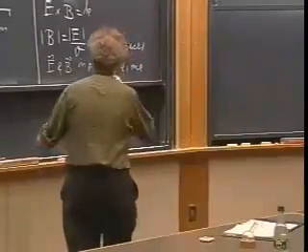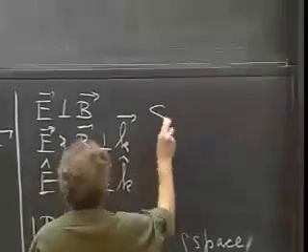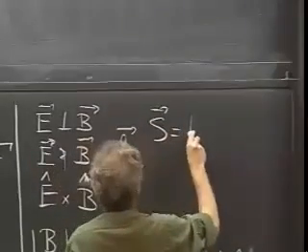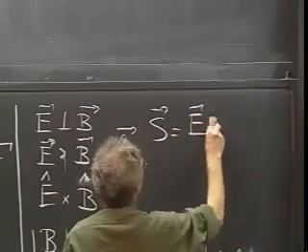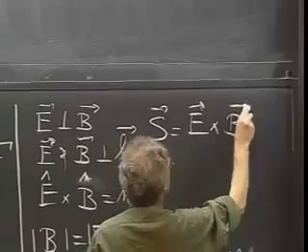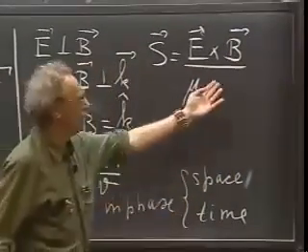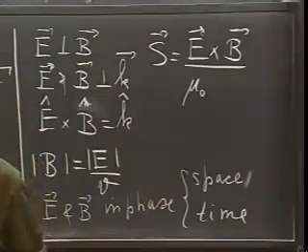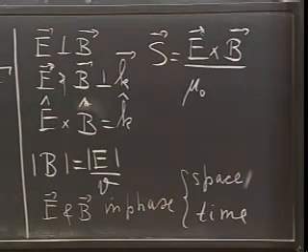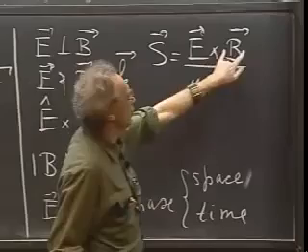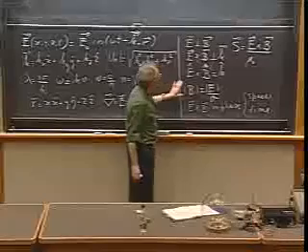The Poynting vector S is E cross B divided by mu 0, and if there were magnetic material, you would also have a kappa m here, but I will leave that out. You can write down for the magnitude of B, you can always write down E divided by v.